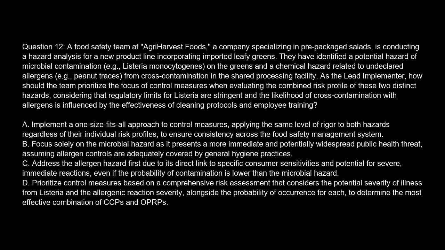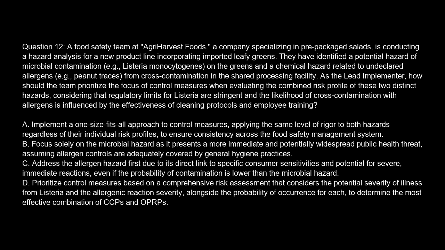Question 12. A food safety team at AgriHarvest Foods, a company specializing in prepackaged salads, is conducting a hazard analysis for a new product line incorporating imported leafy greens. They have identified a potential hazard of microbial contamination, e.g., Listeria monocytogenes, on the greens and a chemical hazard related to undeclared allergens, e.g., peanut traces from cross-contamination in the shared processing facility.